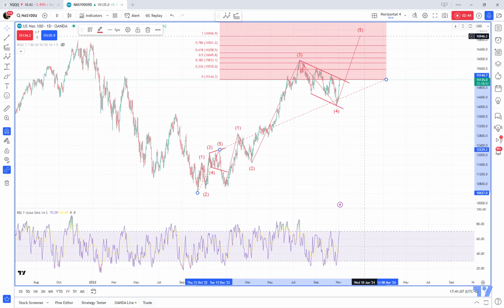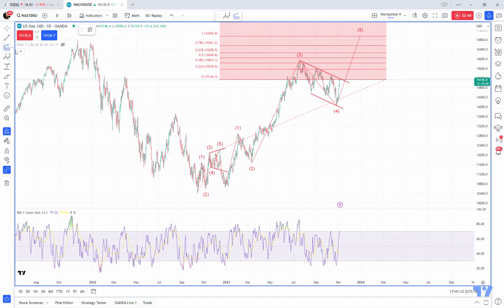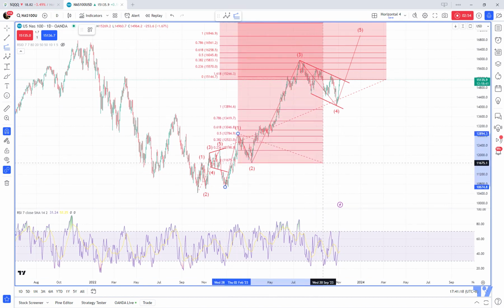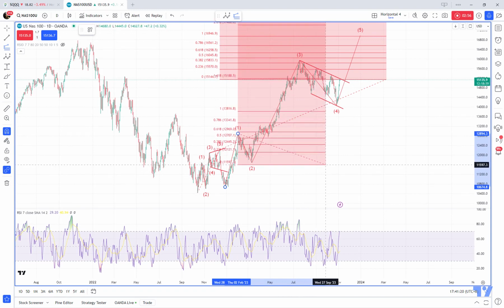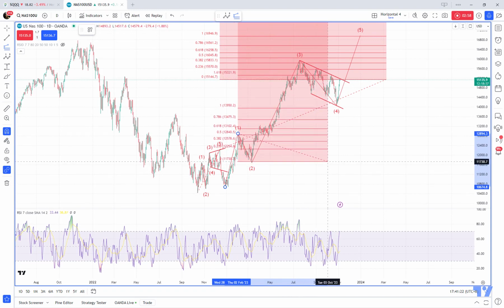So this is the first Fibonacci extension level, and if we do another one, first thing first is to ensure that the third wave has extended. So what this means is that we do not expect the fifth wave to extend.